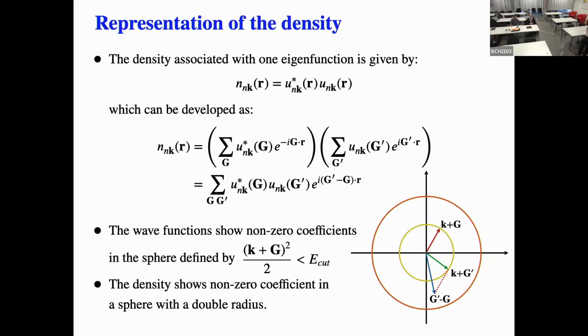Also all these parts are now formalized in a mathematically rigorous form by applied mathematicians. For example, the paper by Levy and Lieb formalized the Hohenberg-Kohn theorem in a very rigorous way.